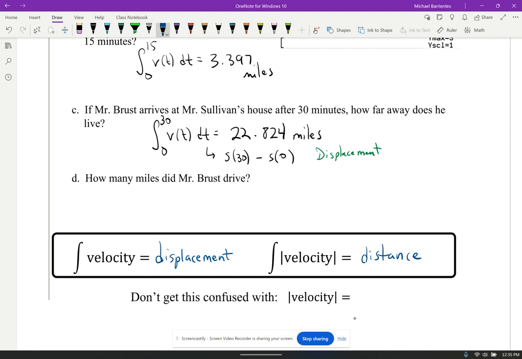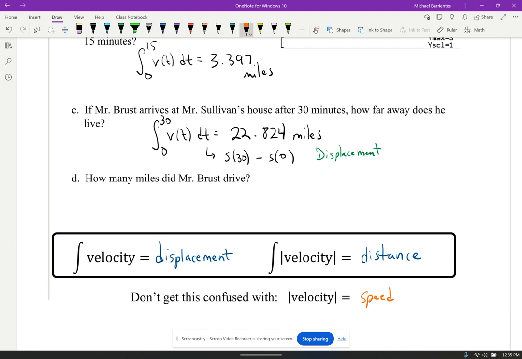Notice the absolute value has to be around velocity, not around the whole thing. We're taking the integral of the absolute value of velocity. Also, don't forget, the absolute value of velocity actually gives us speed. So without the integral, absolute value of velocity is speed. With the integral, the integral of the absolute value of velocity is distance.